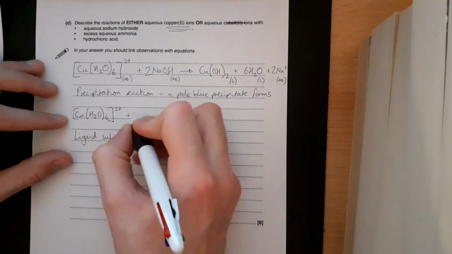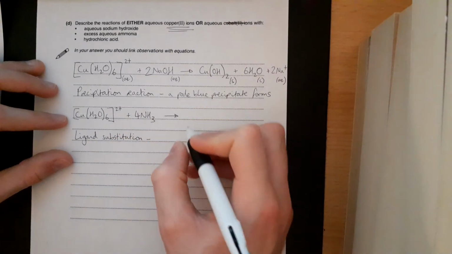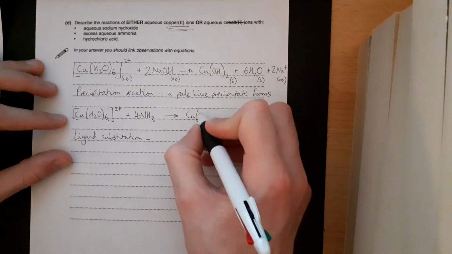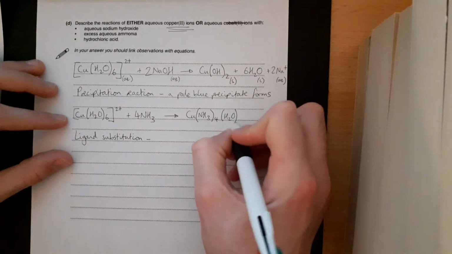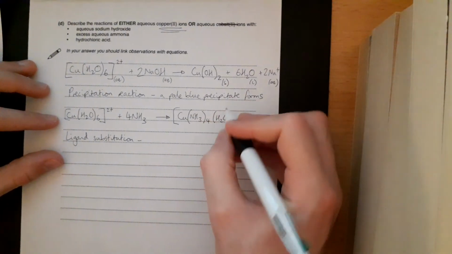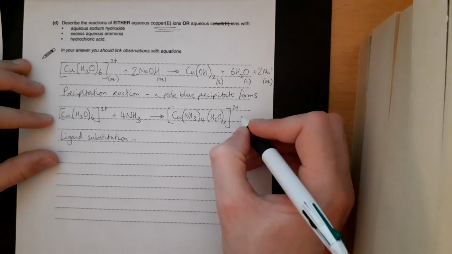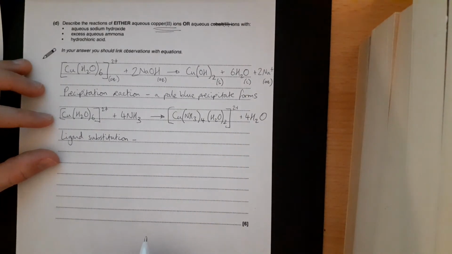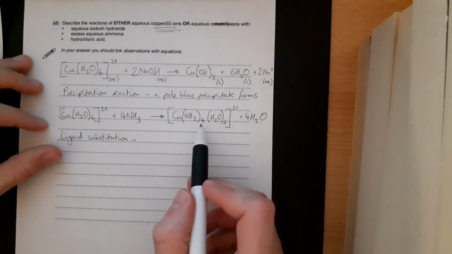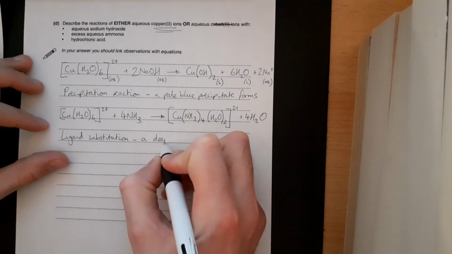So we react this with 4 ammonias, and you end up making Cu(NH3)4(H2O)2. The charge stays the same because all the ligands are neutral, and then we just need the other 4 H2O coming off. We need to remember what we'd see: a deep blue solution forms.